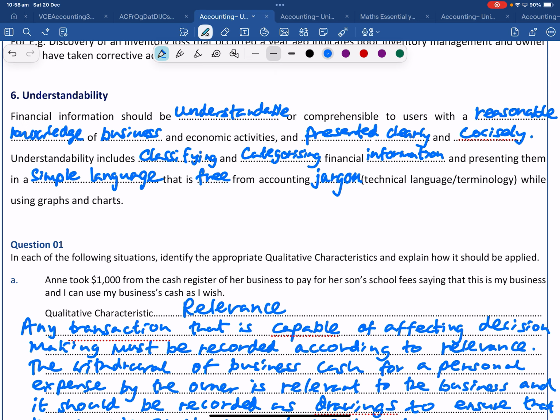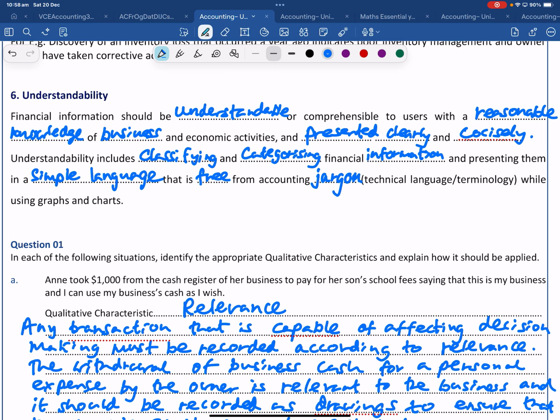Maybe not everyone will be able to understand what is in the company reports. However, people who have a fair knowledge about business activities and economic activities should be able to understand. It doesn't mean that everybody can read and understand financial reports.